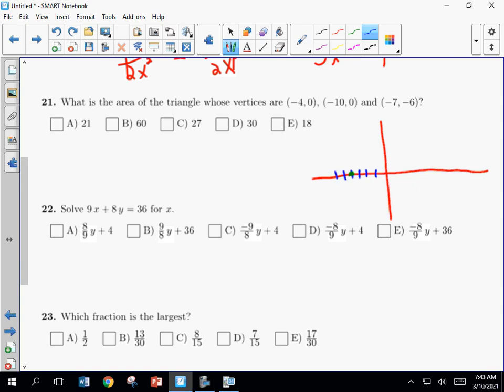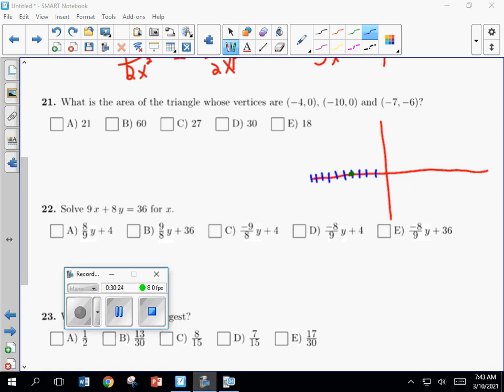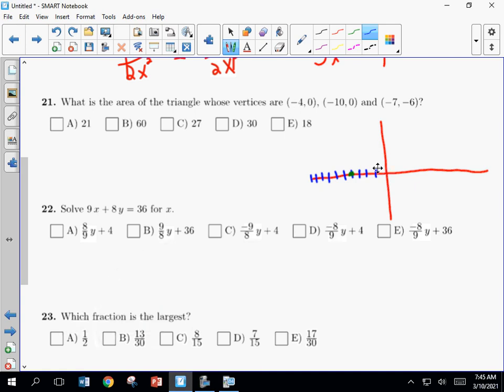5, 6, 7, 8, 9, 10. Hang on a second. Alright, so we're going to go 0, negative 10. Now this one is you're going to go negative 7, negative 6.